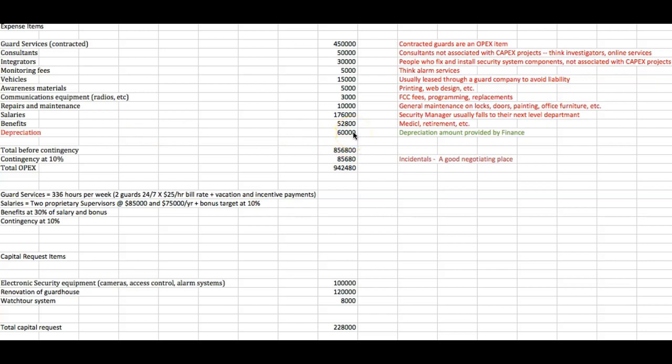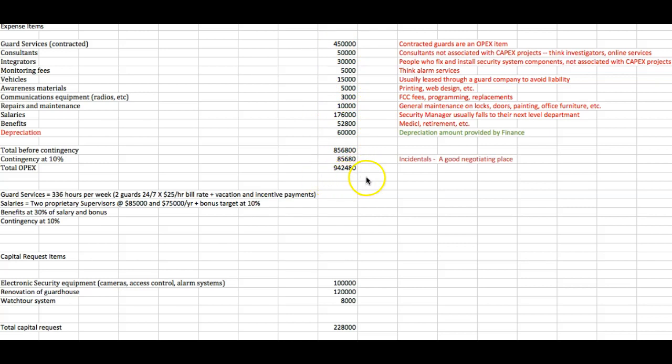Now, the company's already shelled that money out, but look at my total budget here. I mean, look, I'm at $942,000. If I had 1 year where I had to spend $460,000, I wouldn't be able to pay my people, right? I wouldn't have enough money left over for salaries, benefits, and the guard services, for sure. Just there, I've got $500,000 plus.